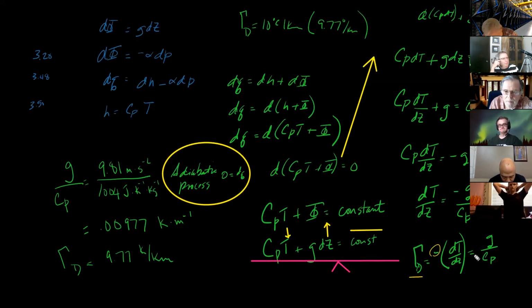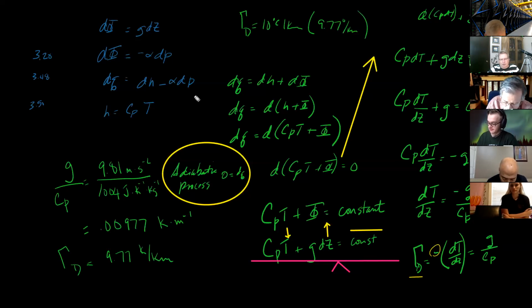And now we've derived what the dry adiabatic lapse rate is from the first law of thermodynamics. And so we know that when there's a pressure change, you are going to drop the temperature, even though there's no heat process in it.